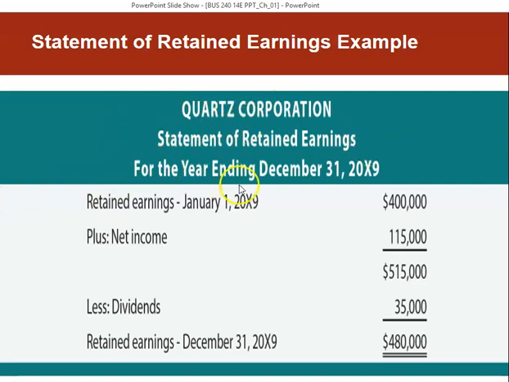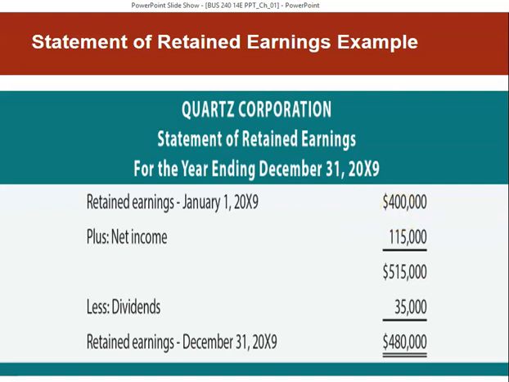So here's our header up here, and notice this is for the end of the year, 2019, December 31st. So what we're saying here at the very beginning of this statement is that retained earnings as of January 1 of 2019 were $400,000.